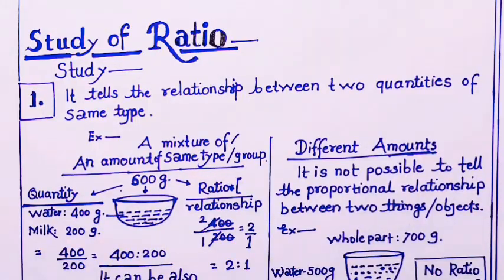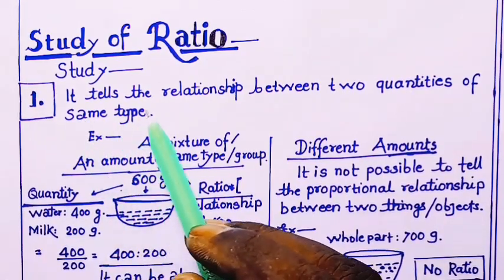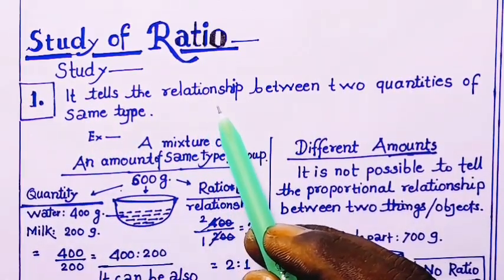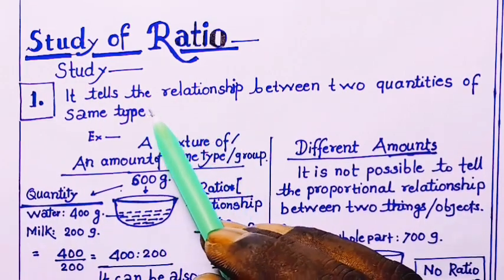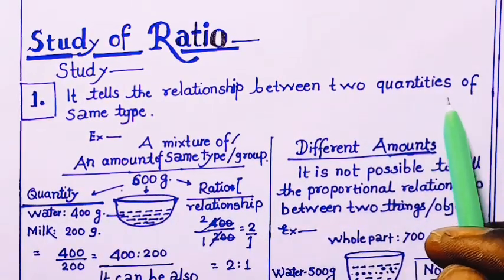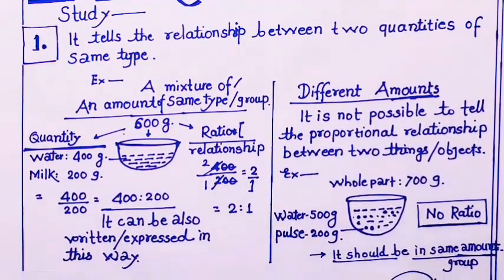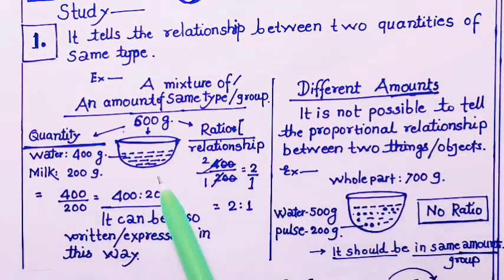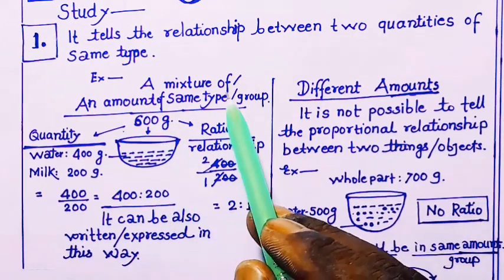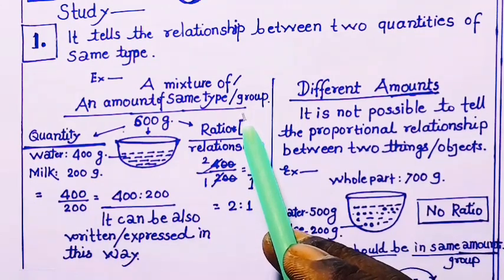The chapter starts from here. At first, it tells the relationship. It means that the chapter of ratio tells the relationship between two quantities of the same type. For example, you can see here a mixture of amounts of the same type, group, same classes.